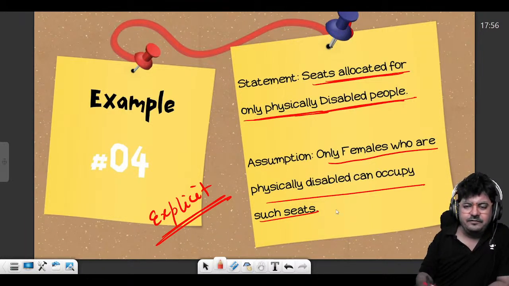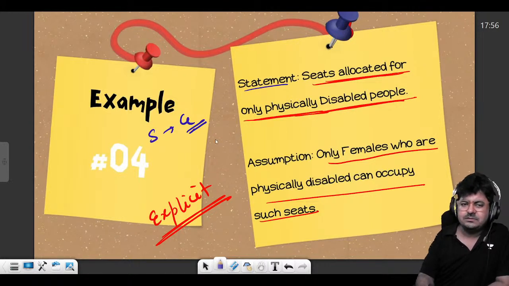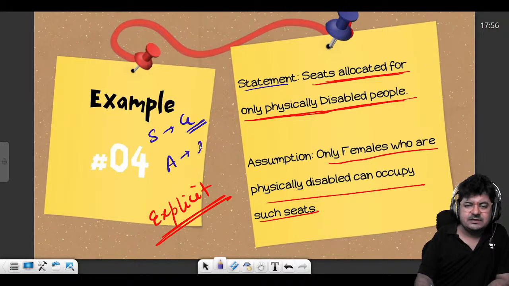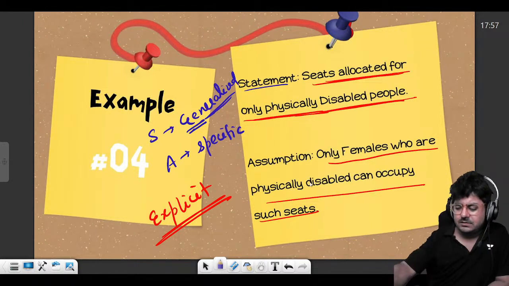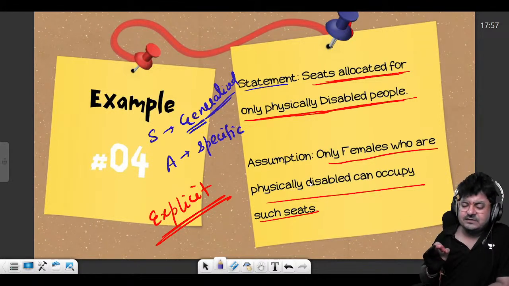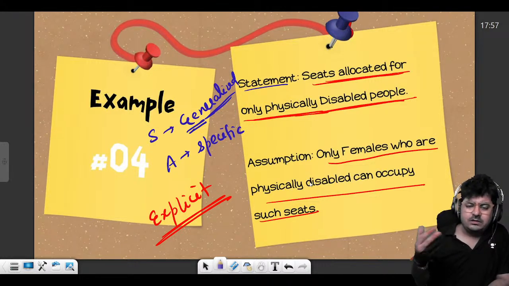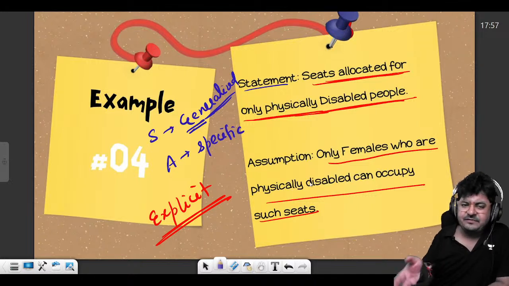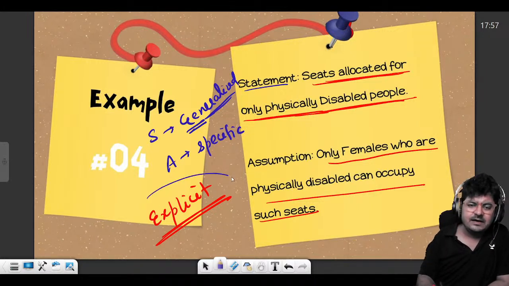Remember, if you see this, the statement is generalized and the assumption is specific. Whenever one of them is generalized and the other is specific, or the assumption is generalized and the statement is specific, they will always be explicit.